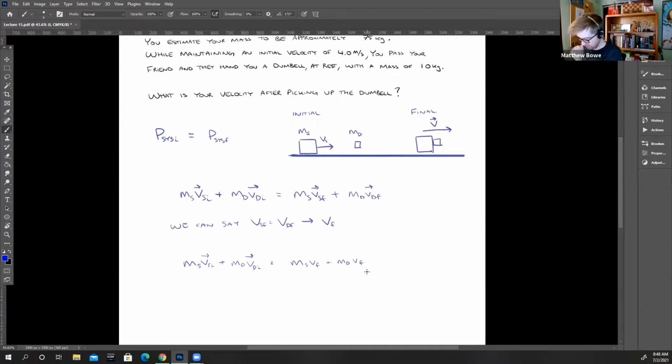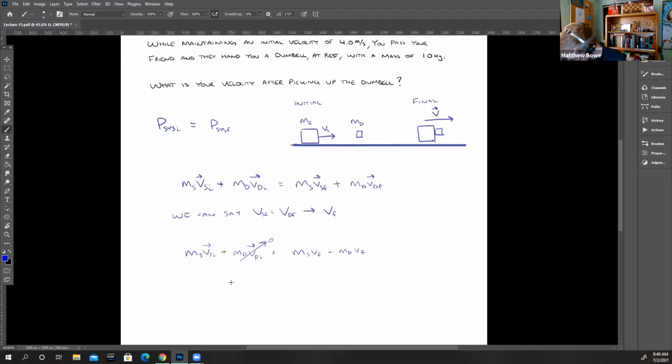Well, I did specify in this problem that the dumbbell was initially at rest. So for the initial case, the velocity of the dumbbell is 0. That makes this whole term go to 0. And since the final velocity is the same in both, I could factor that out of the left and right term.